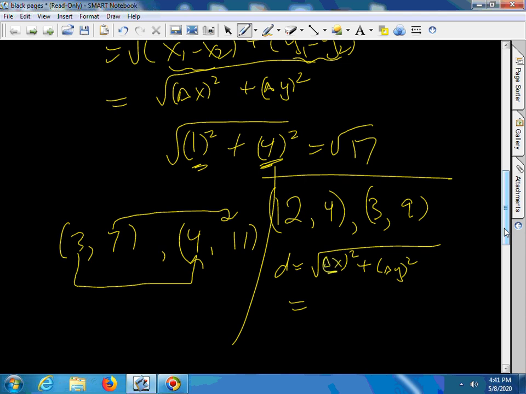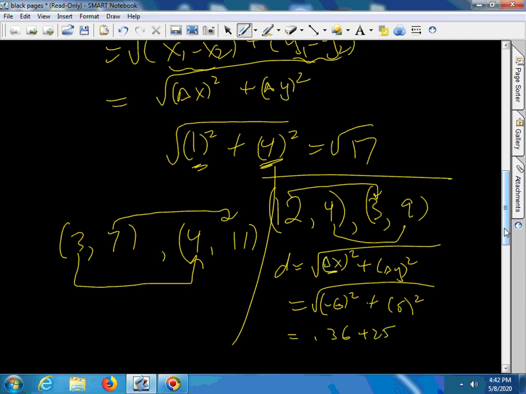When you square it, it's going to be the same. Well, the change in x, it went down 6. You want to call it negative 6? Fine. You can call it positive 6 if you want. The change in y, 4 to 9, went up 5. So, it's going to be 36 plus 25, the square root of that. And that sum looks like 61.